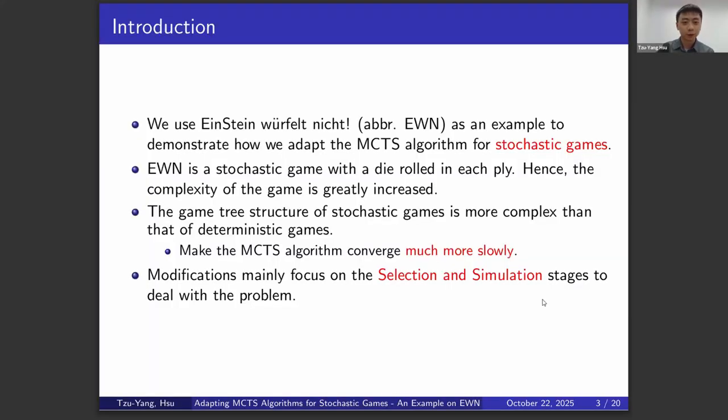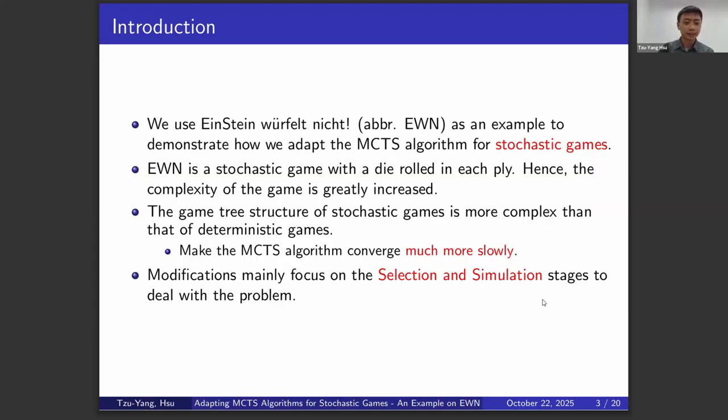In this paper, we use EinStein Würfelt Nicht as an example to demonstrate how we adapt the MCTS algorithm for stochastic games. EWN is a stochastic game with a die roll in each play. Hence, the complexity of the game is greatly increased.